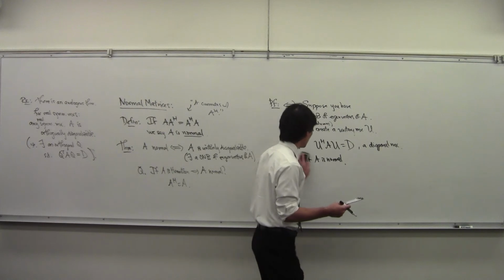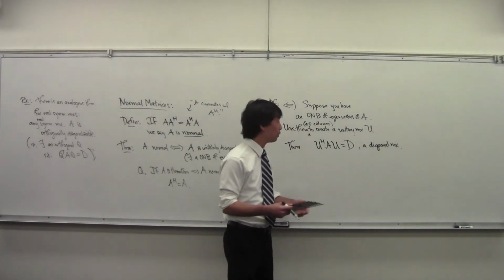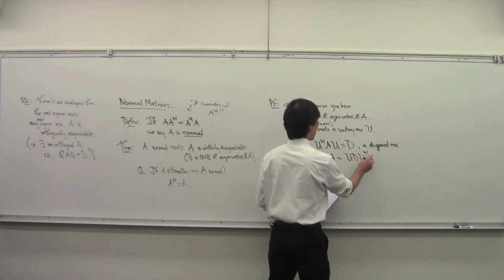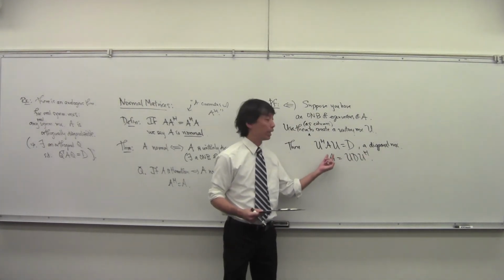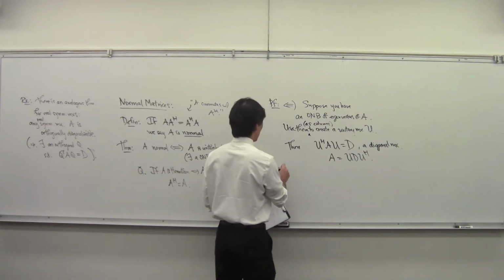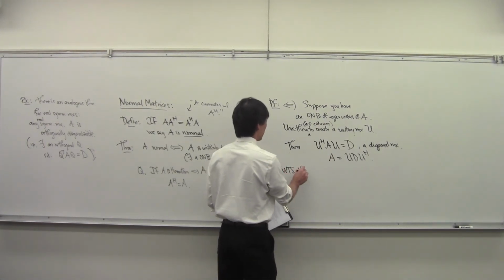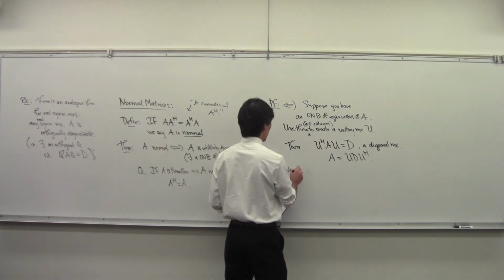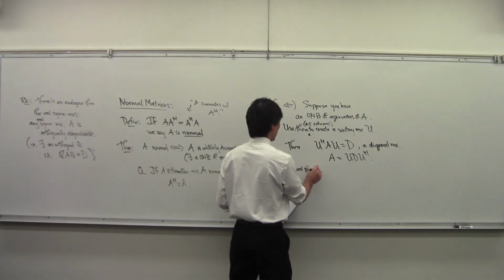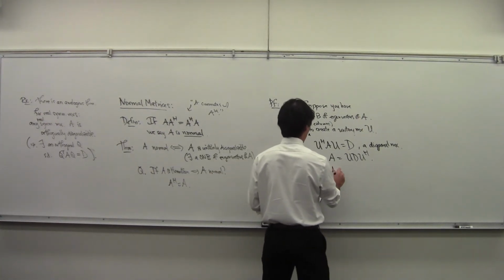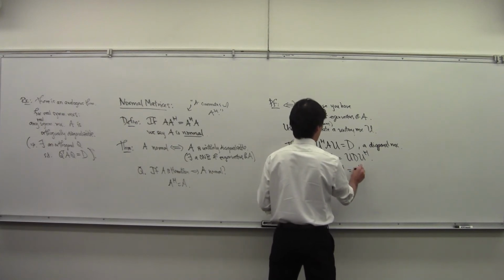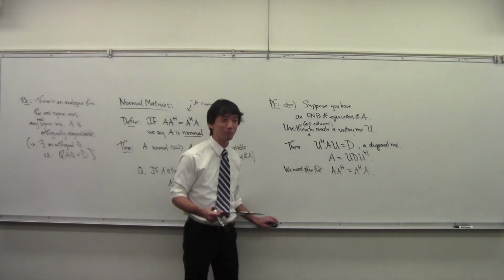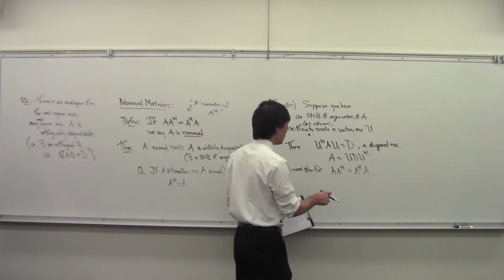Let's see that A is normal. A is UDUH, and we need to show that AAH equals AHA. Let's write that out.